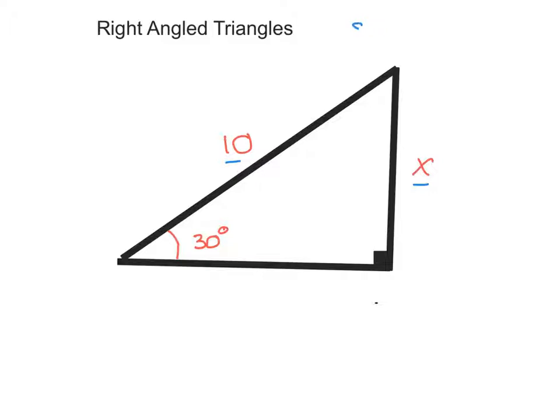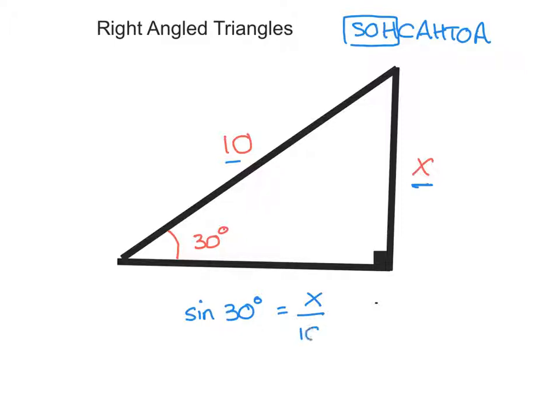And if we go to SOHCAHTOA, we know that the opposite and the hypotenuse is this one here. So we can say that sine of 30 degrees equals the opposite, x over 10.